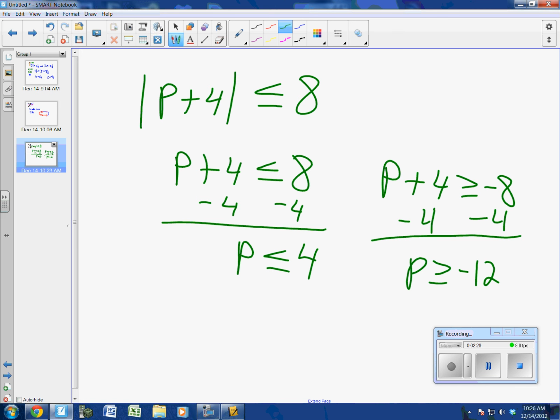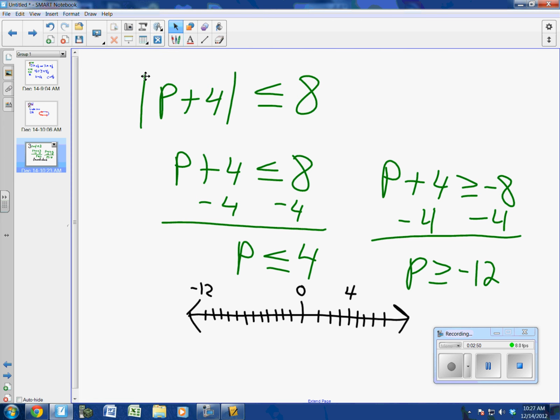Well, let's graph it. Here's negative 12. Here's positive 4. Okay, I want numbers where P is less than or equal to 4.